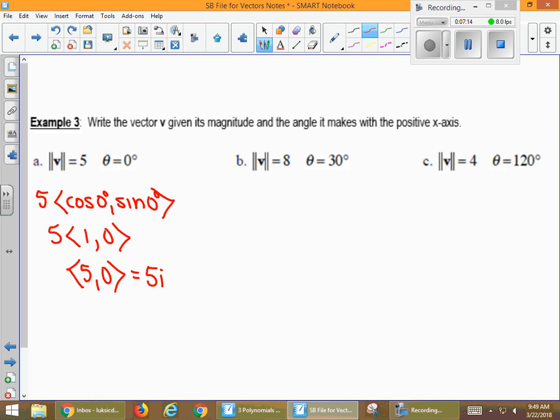All right. Magnitude of 8, theta is 30 degrees. Put your unit circle values in there. I love that I just heard like 5 people be like, I love it. So cosine at 30 degrees or pi over 6 is radical 3 over 2. Sine is 1/2.